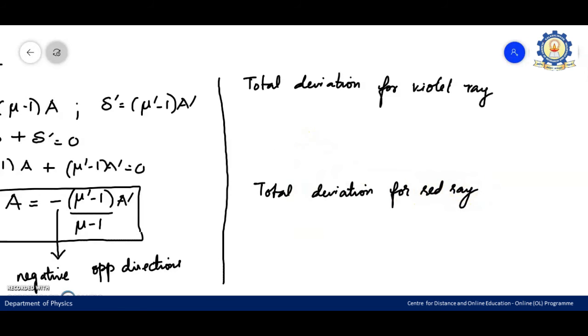So for violet, the equation is delta V is equal to mu V minus 1 into the angle of the prism A plus mu V prime minus 1 into A prime. So this is the total deviation.